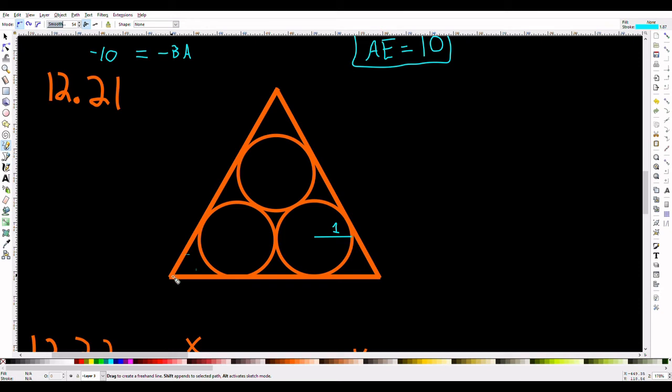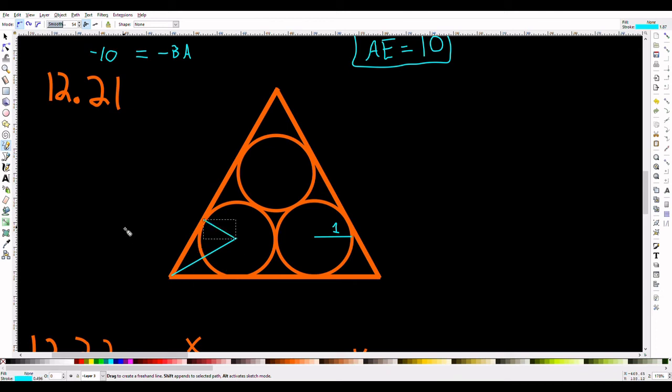So let's just draw a path from this vertex to the midpoint of my circle. And I will draw another one from the tangent line, the tangent point, to the radius.